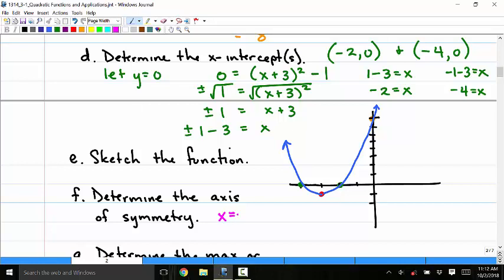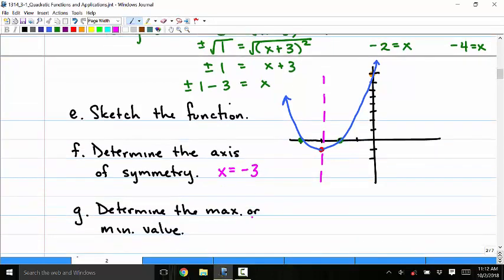It's at x equals, right here, x equals negative 3. Determine the max or min value. It's going to be a minimum value. And what is the minimum value? Not where is it, what is it? It is negative 1. Yep.